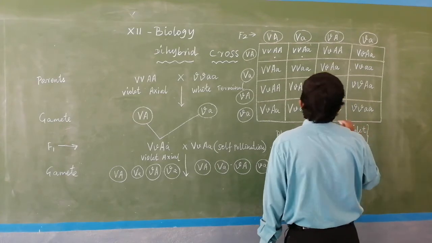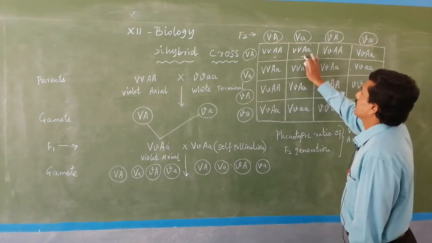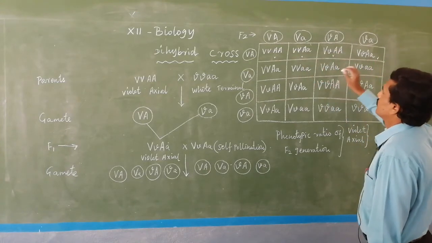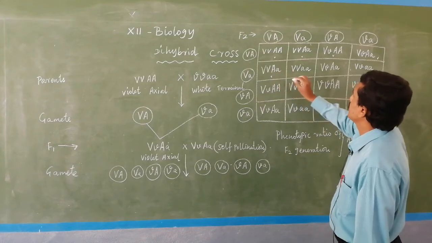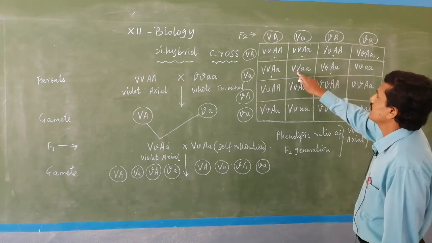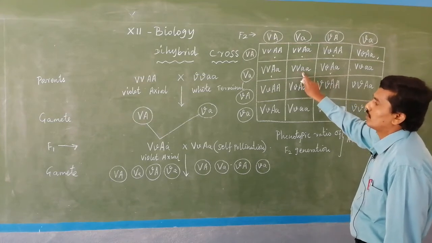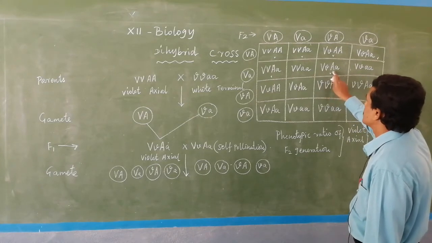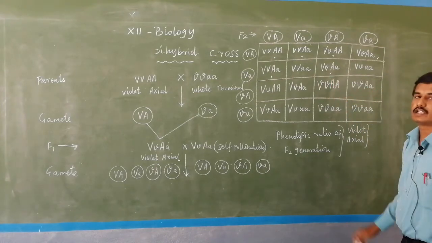Okay, violet axial 1, violet axial 2, violet axial 3, violet axial 4, 5, 6, here violet axial. This is actually violet terminal. Here only, because capital V, capital A present means that is violet axial.